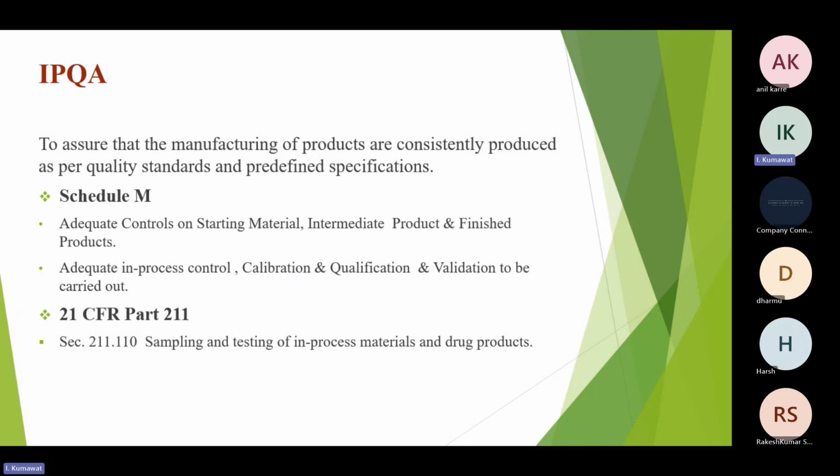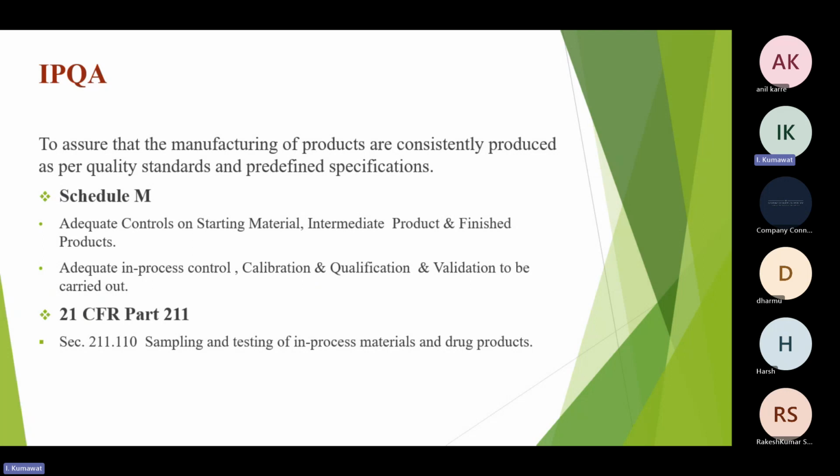And finally, in finished products, adequate in-process control, calibrations, qualifications and validations are to be carried out. Whatever instruments we use, like the balance used for weighing of the materials, should be calibrated. Qualification of instruments means whatever hardness tester, friability tester, and disintegration tester we are using should be qualified.